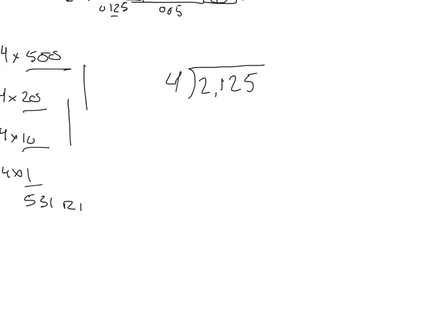And so what I'm going to do is look at, just like I did before, I see 21 right here. So I know 4 times 5 is 20, but I'm really trying to make 2,000.